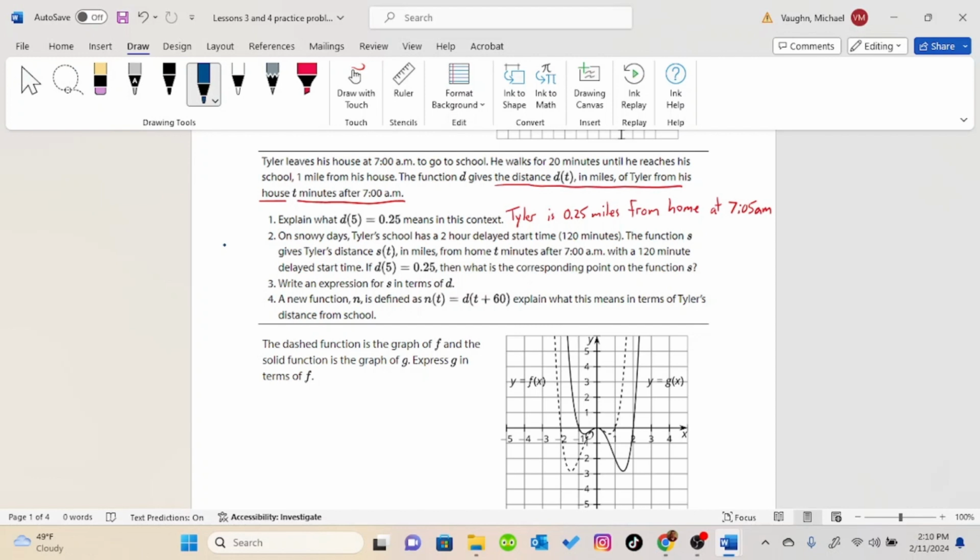Well, if we originally had d of 5, but now we have a 120-minute delay, then the corresponding time would be s of 125, and now that would still equal 0.25. We've just added in the 120-minute delayed start time.